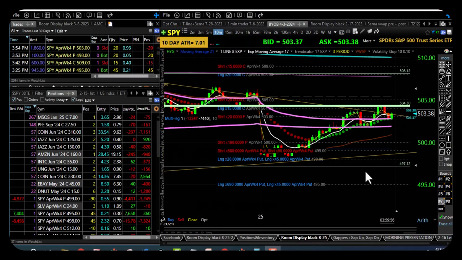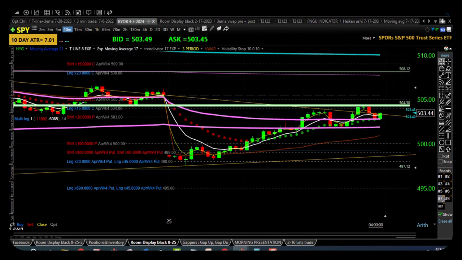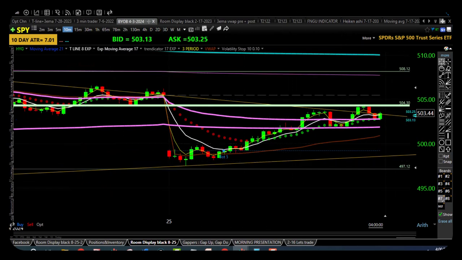All right, let's take a look at some charts. Here's SPY. I'm going to flip out to another one and go to a different account. All right, so here we are with SPY on the daily chart. Let's go ahead and do the pivot right now.